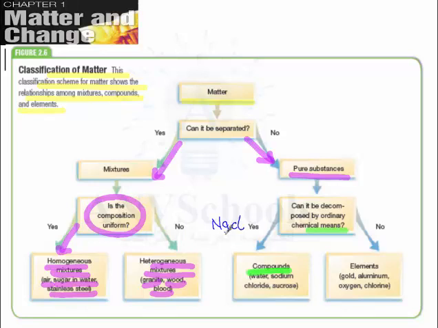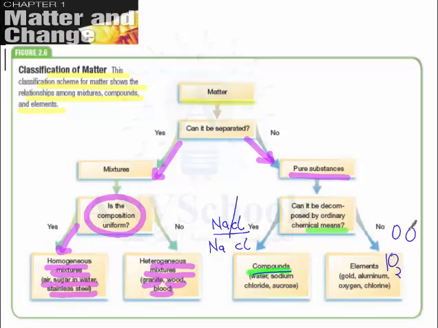If you are able to break it down into its constituents and you end up with sodium as a metal and chlorine gas, then that is a compound. If you have a molecule of oxygen and you break it down, what will happen?